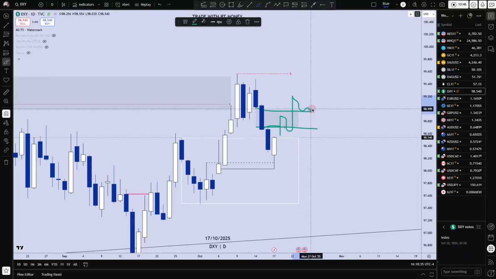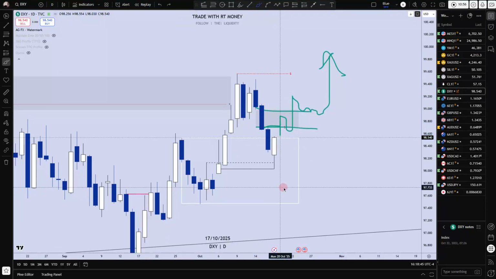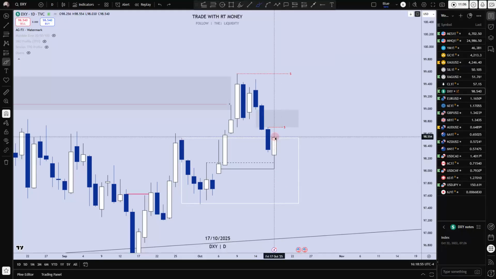Then we can use it as support for higher prices. You understand? I want to see price trade through this bearish fair value gap. That's what I want to see. Doesn't mean I'm going to see it. Doesn't mean I'm going to jump ahead and just assume that it's going to happen. No, that's not the way it should work ever. You wait for evidence. You wait for price to give you something.